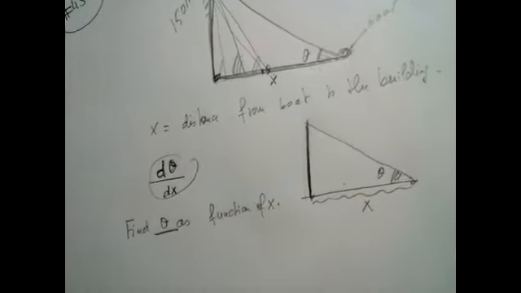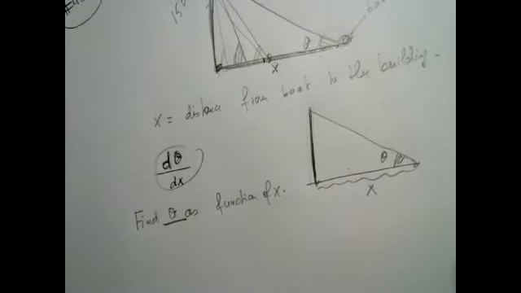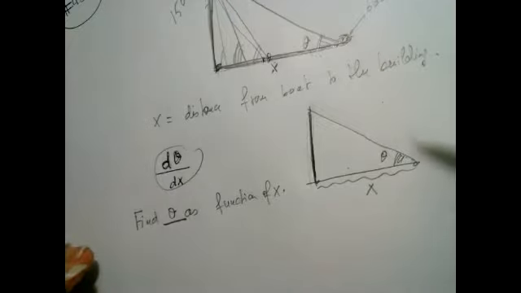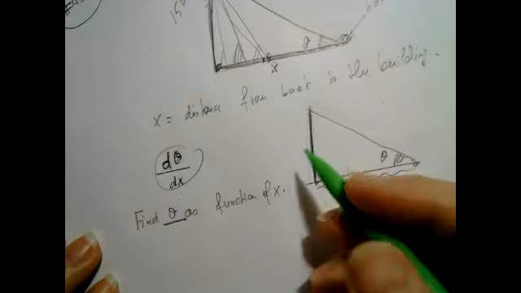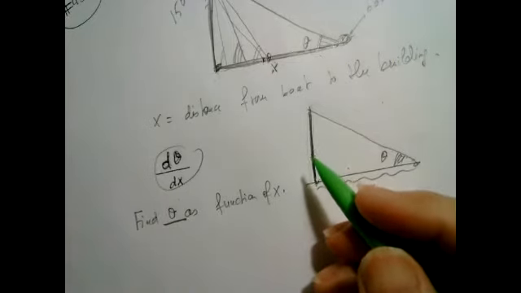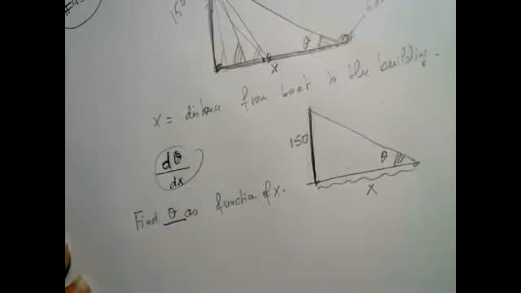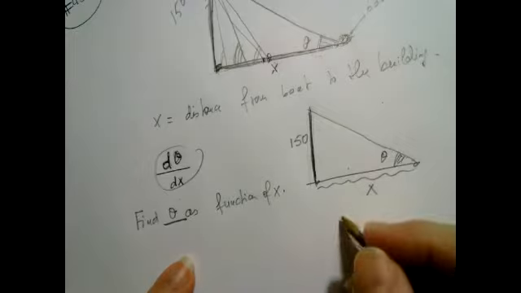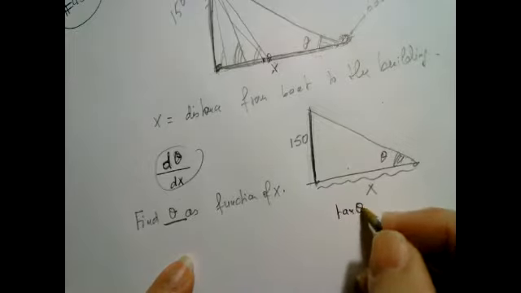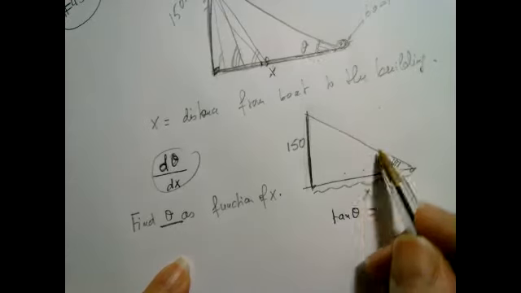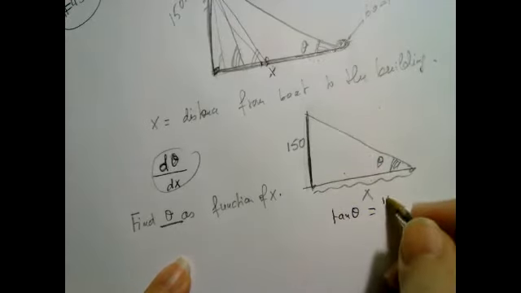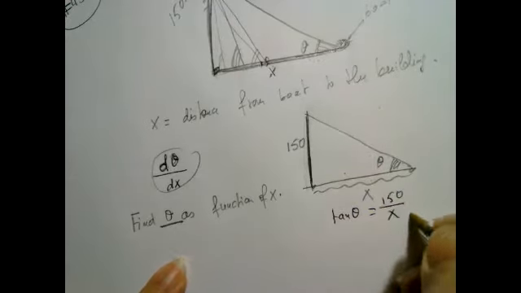Okay, was anyone able to find this? Just look at the picture this time. Theta is the tangent inverse. Okay, let's see if your classmate is correct. So this is 150 here. A bit of trigonometry tells me that the tangent of theta is 150 over x.